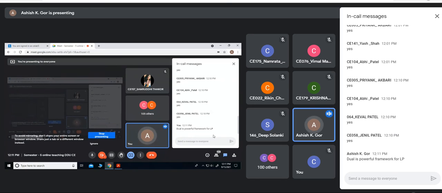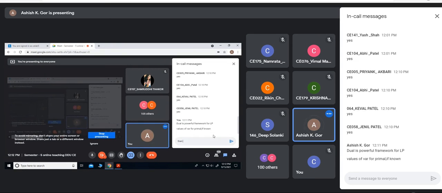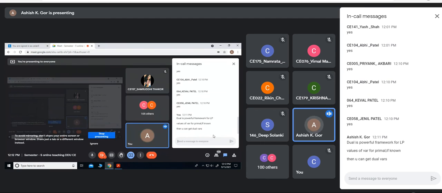There is also an interesting thing: if you know the solution of the primal, you can also get the solution of the dual. By solution, I mean values of variables. If the values of variables for the primal are known, then you can easily get the dual variables, or vice versa.